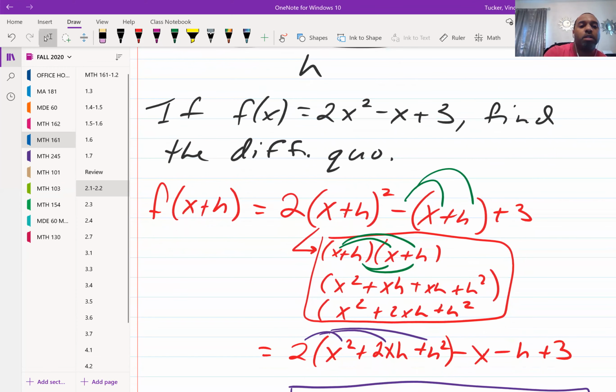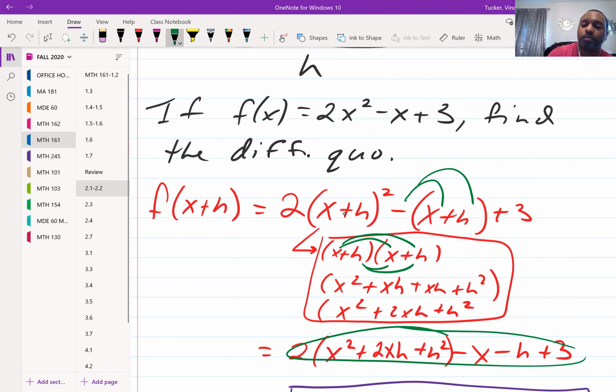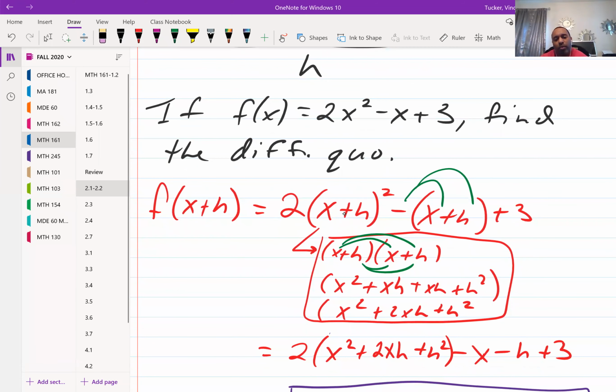All right, and like this. So of course we distribute that negative, and that gives us this right here. 2 times x squared plus 2xh plus h squared minus x minus h plus 3.